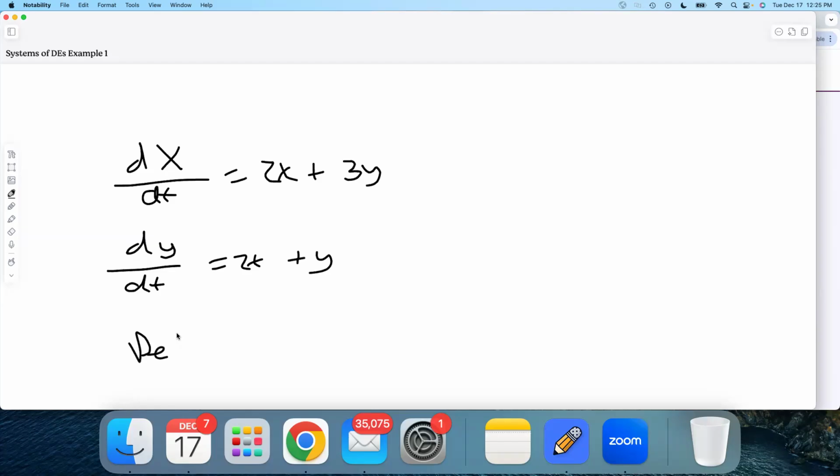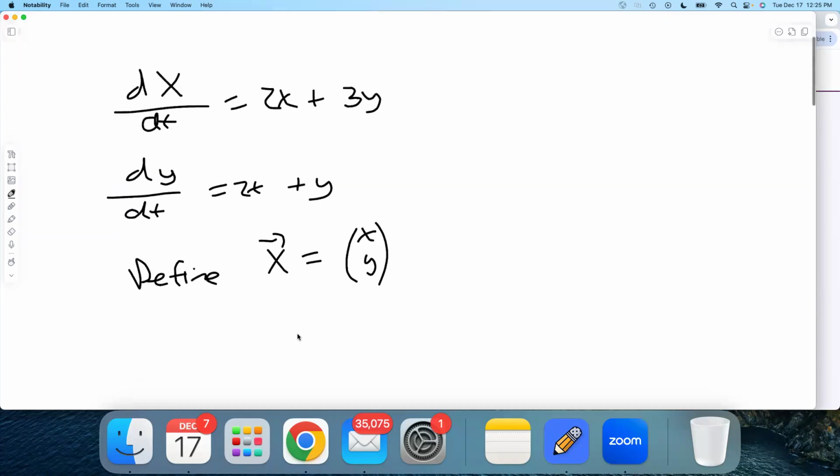So we are going to define or call the vector x to be x, y. So that's a capital X, that's a lowercase x. Let me make sure this guy here looks lowercase as well. There.